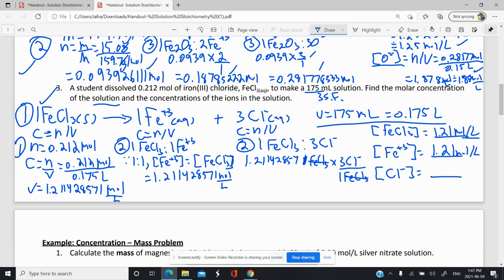We can cancel that out there, and we're going to get about 3.634285714 moles per liter, or to 3 sig figs, 3.63 moles per liter.